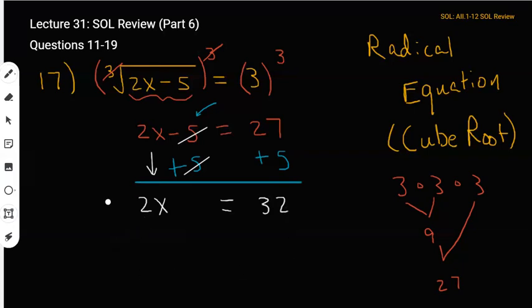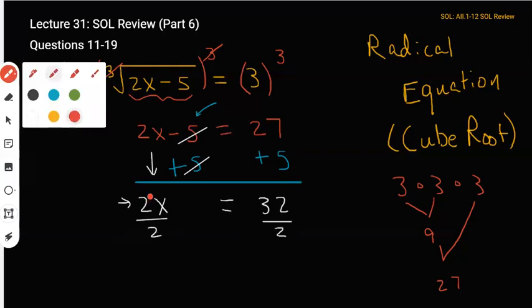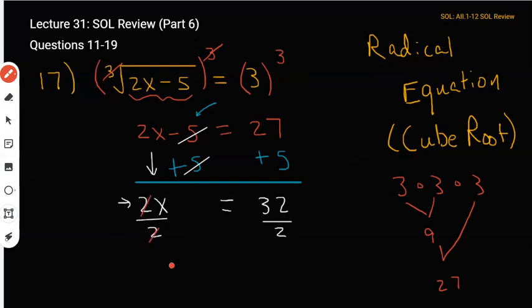And then I need to get rid of this 2 right here. How can I do that? Yep, divide by 2. So we're going to divide by 2 on the left and the right. The 2s are going to cancel out, and that just leaves me with an x and a 16. So that's going to be inside my solution set. Just a 16.